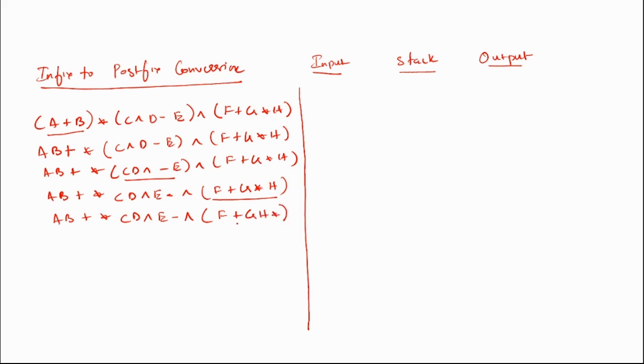Now after this we need to evaluate this operator. So I'll say here ab plus star cd to the power e minus to the power f g h star plus, correct?